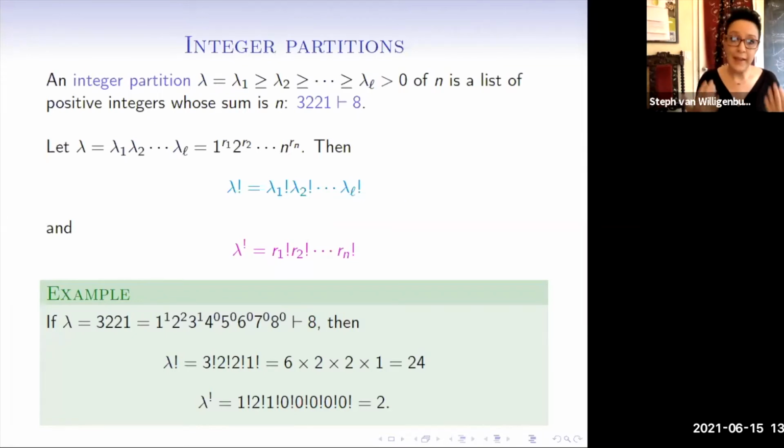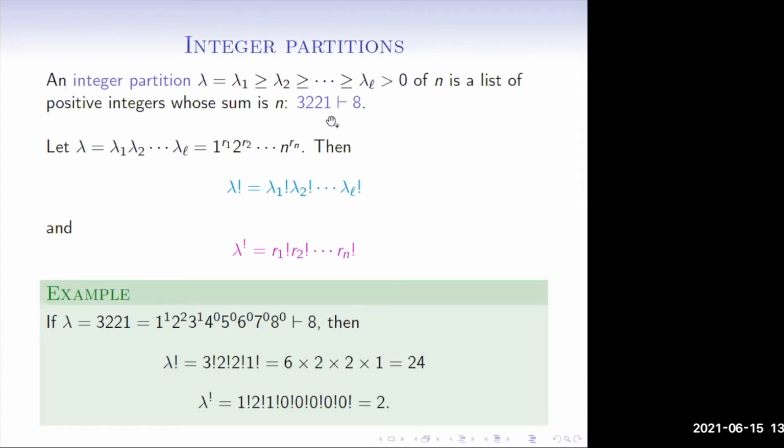So we say an integer partition, lambda1 greater than or equal to lambda2, and so on, is a list of positive integers whose sum is n. So for example, 3, 2, 2, 1 is a perfectly nice integer partition of 8, since 3 plus 2 plus 2 plus 1 is 8.